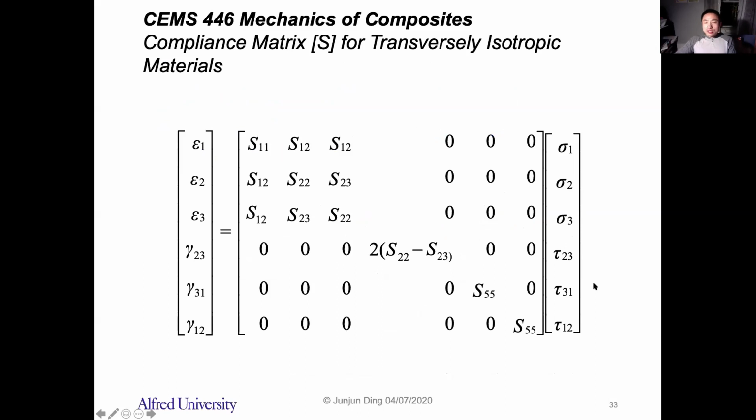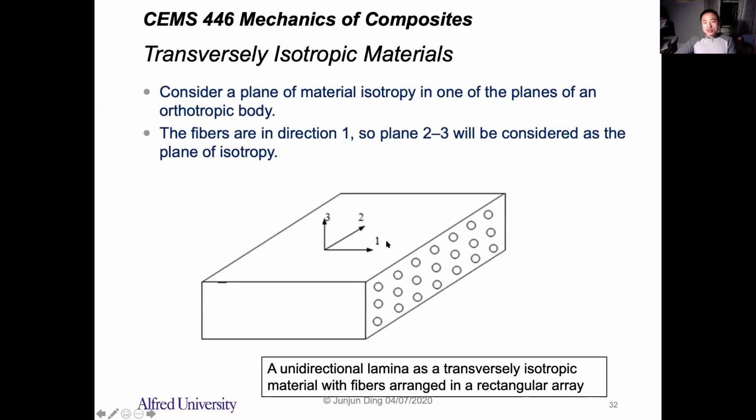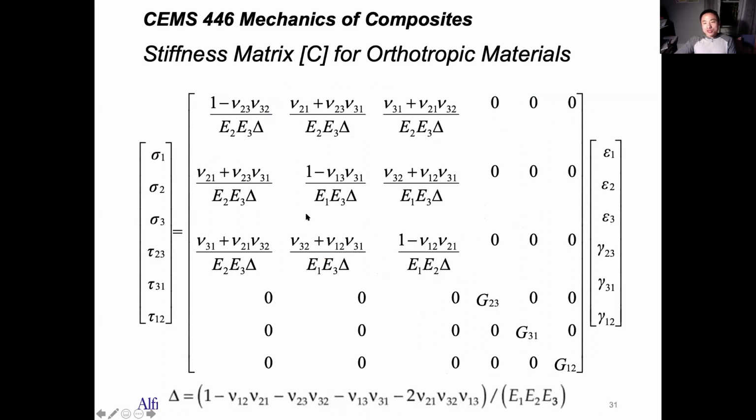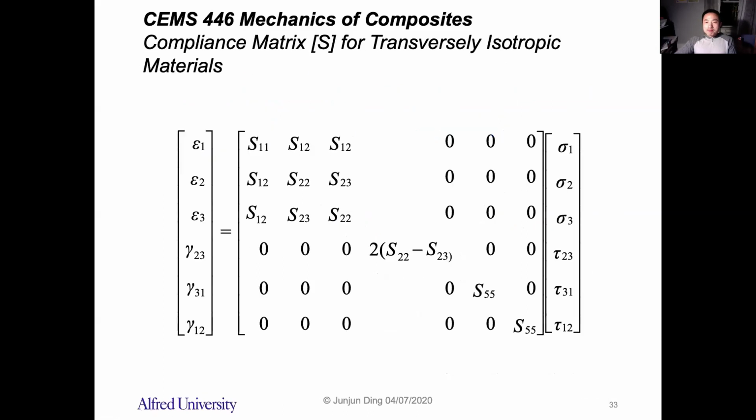So this is a bit stronger definition compared to the orthotropic material. So for the 2-3 part, it has isotropic material properties.